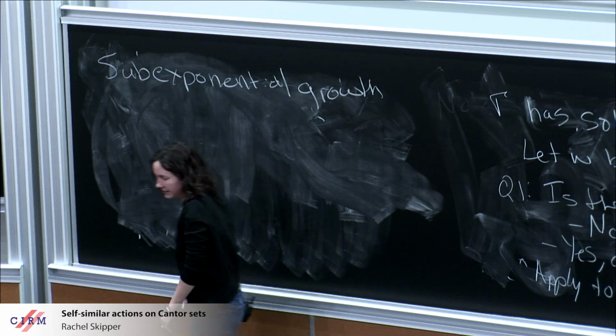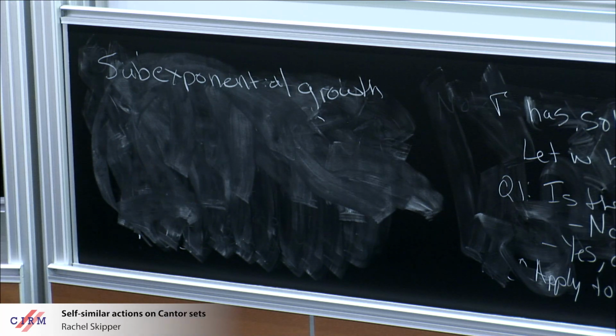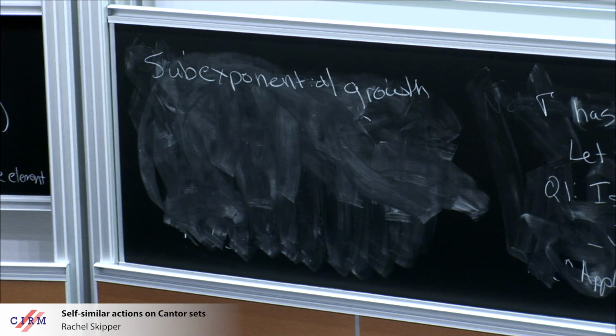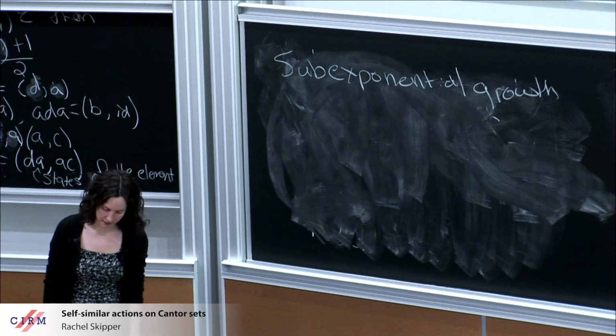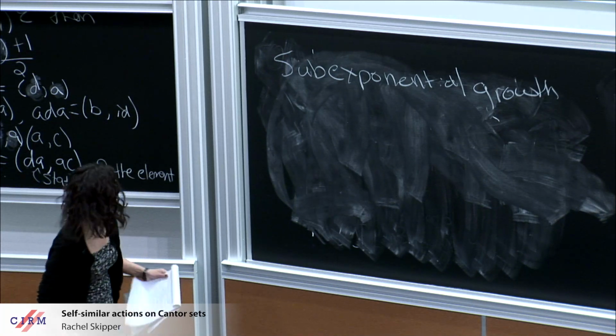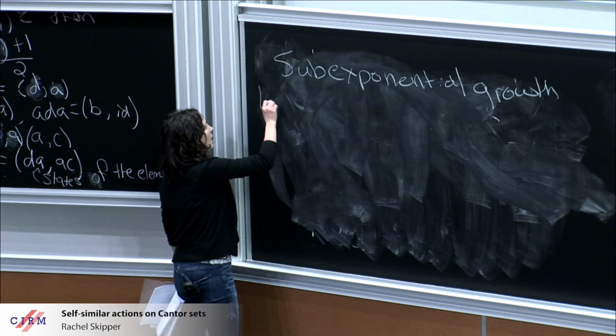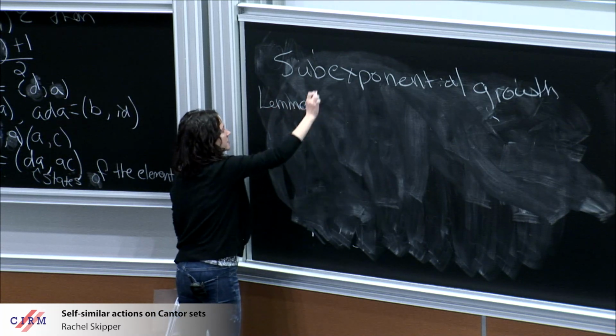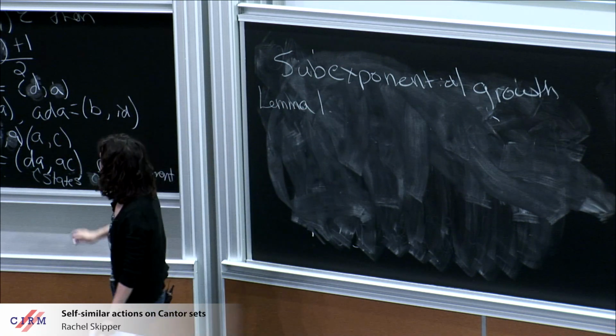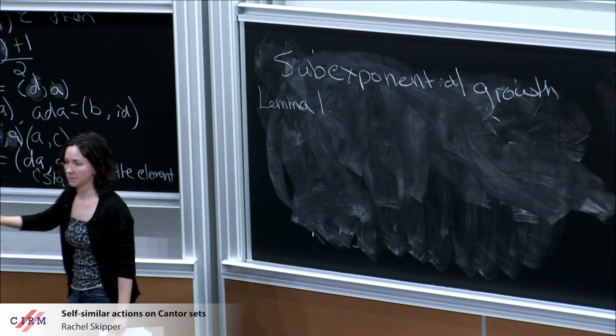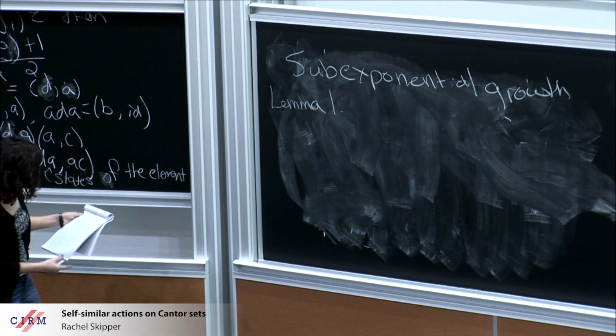All right, so we now need to show that gamma has sub-exponential growth. This proof is going to rely on a couple of technical lemmas, some counting type arguments. So the first lemma, lemma 1, is going to be a lot like this contracting thing, except it's slightly stronger.